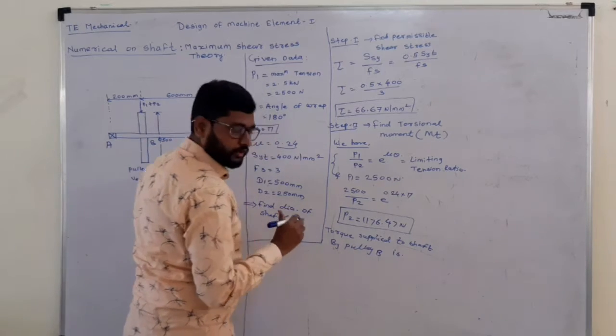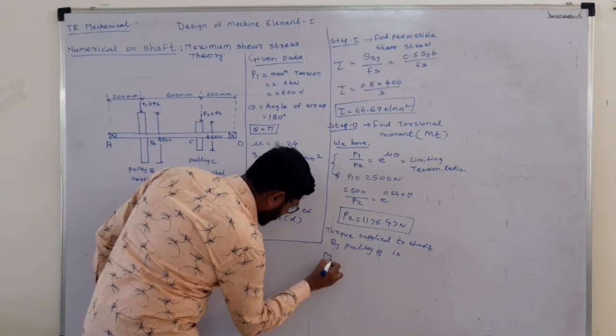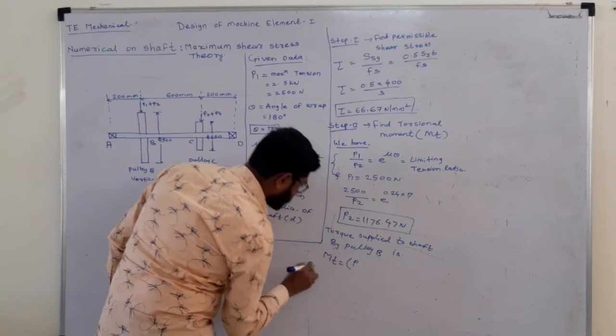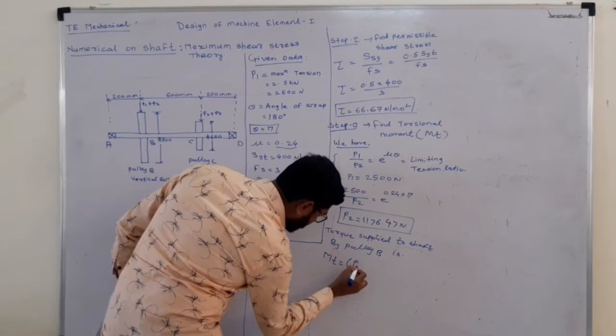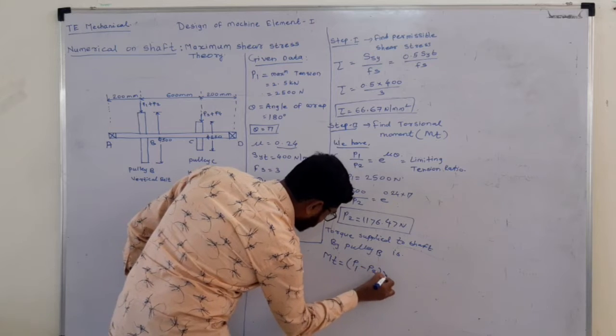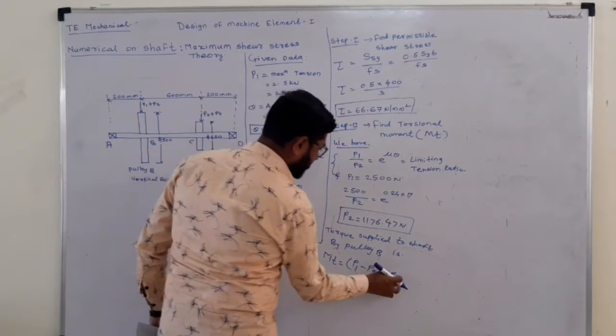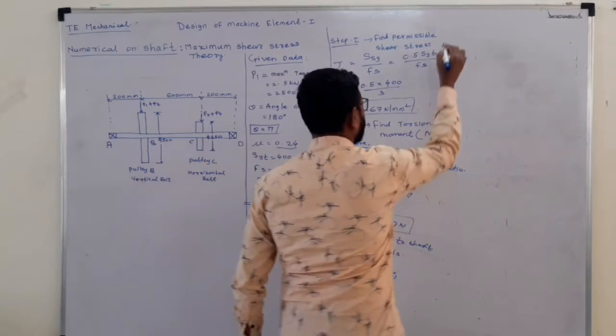For pulley B we have one equation: Mt, that is the torsional moment, equal to P1 minus P2 into R1, where R1 is the radius of the pulley.